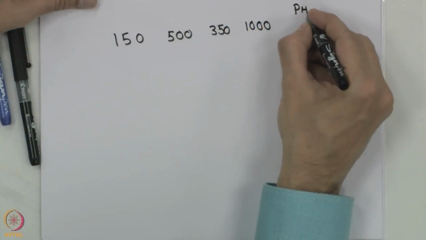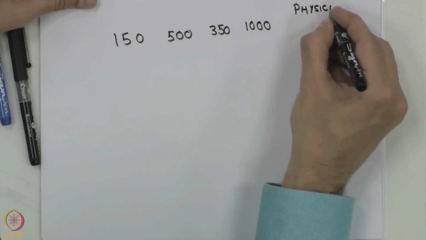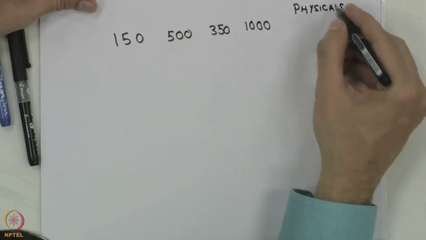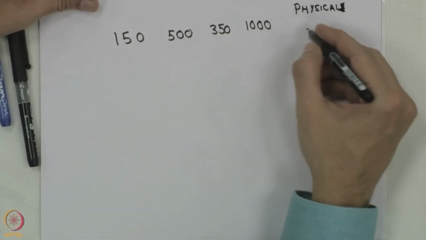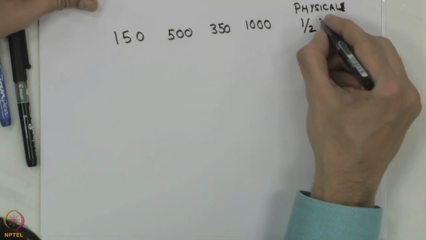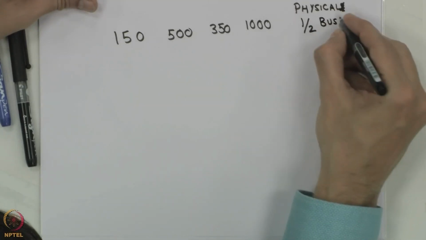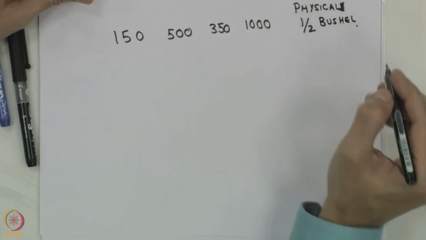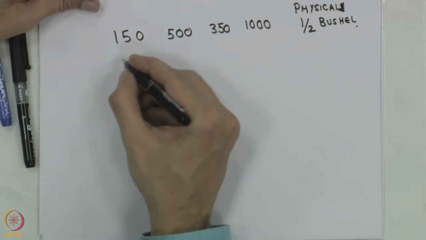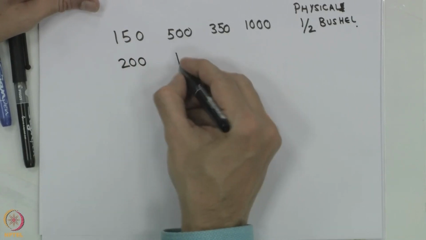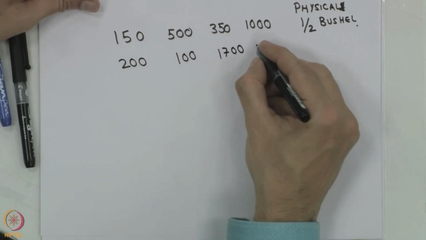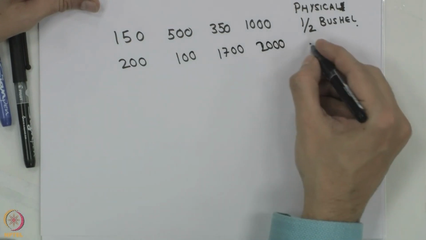Now, this is in rupees or dollars. In this example, it is in dollars. This is $1, the cost of half a bushel per unit price. So, physically this represents half a bushel, and this one, if you look at it in tons, 1700, 2000, and this is 1/5 ton.